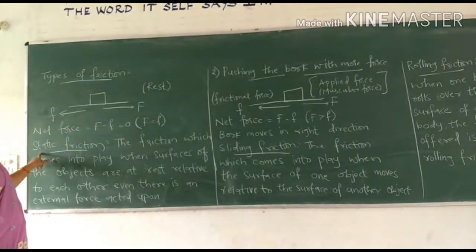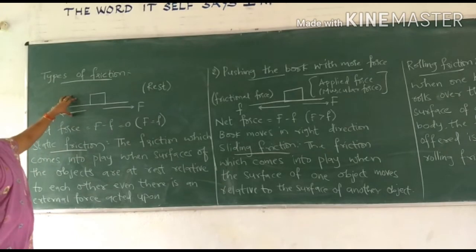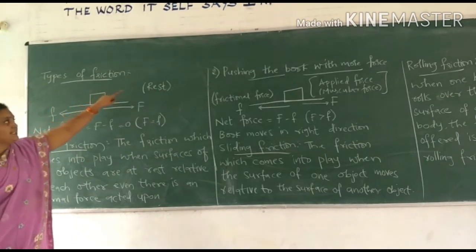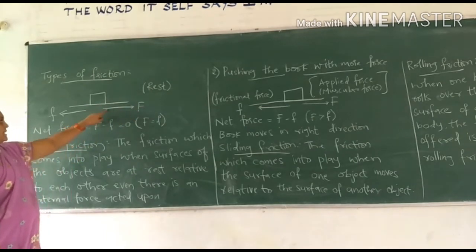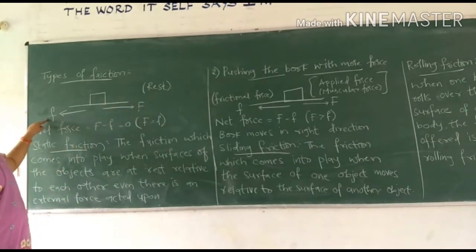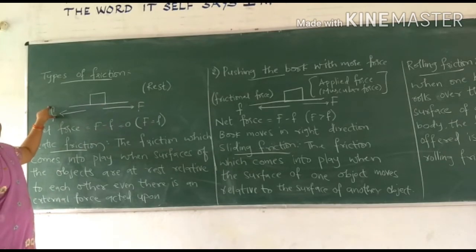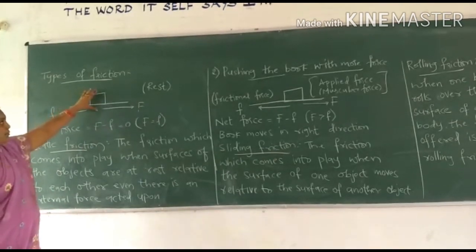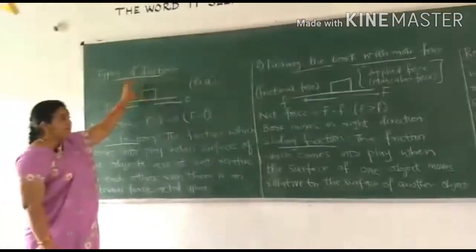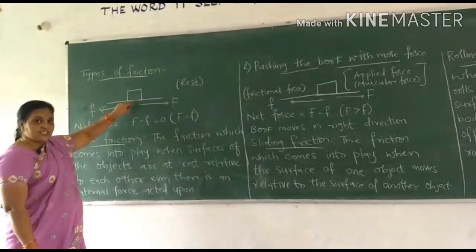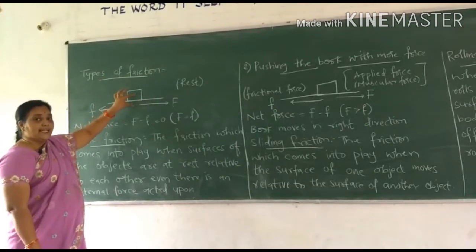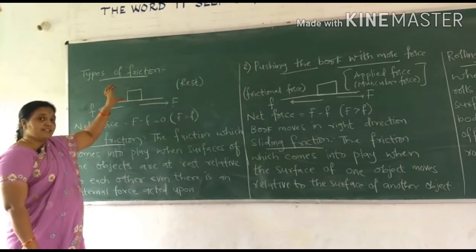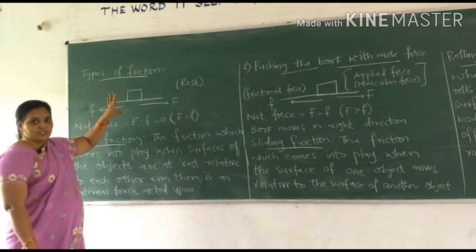Here you can see, this is the first situation we have discussed, where the book is at the rest position. Why? Because the applied force and the frictional force are both equal and in the opposite direction. So the frictional force acting between the surfaces of the book and the table, where the two surfaces are in the rest position.